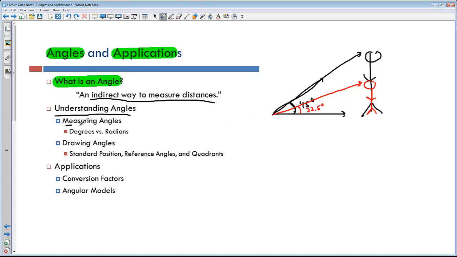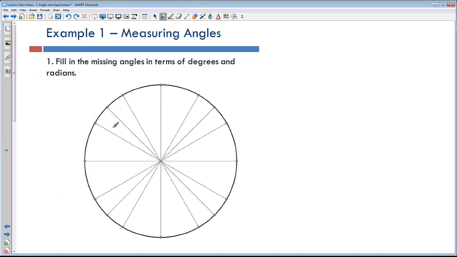In particular, measuring angles, there's actually two ways to measure angles. We can measure in terms of degrees versus radians. Let's just look at an example first, because you usually are well acquainted with degrees. This is what we might call the unit circle, but we're going to use it for degrees. When you start our degrees on this unit circle, this right here will always represent 0 degrees.